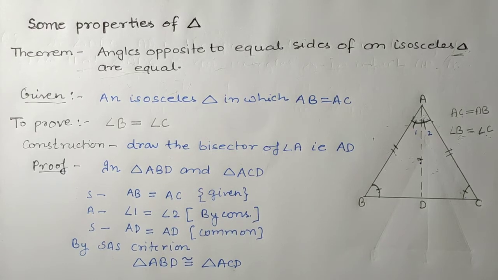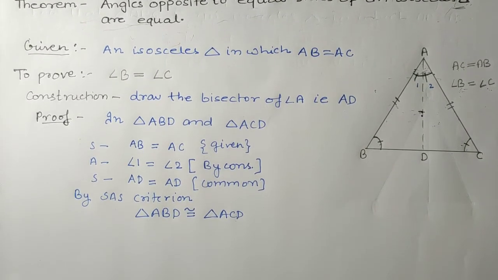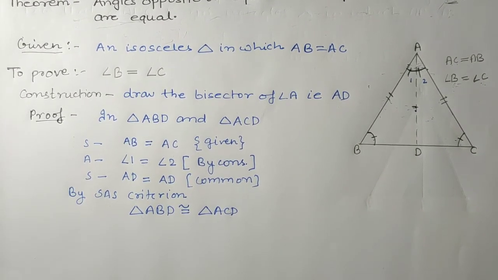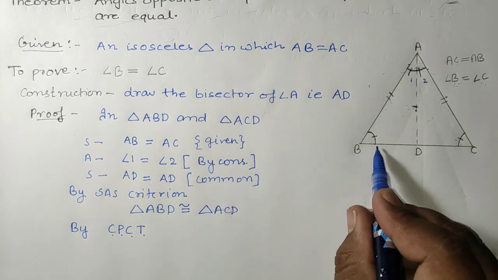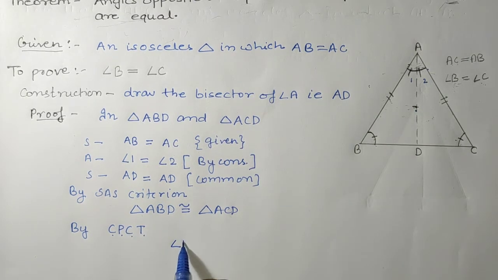Okay students, triangle ABD is congruent to triangle ACD. So if two triangles are congruent, then their corresponding parts should also be equal. So we'll write by CPCT, corresponding parts of congruent triangles. By CPCT, angle B should be equal to angle C.